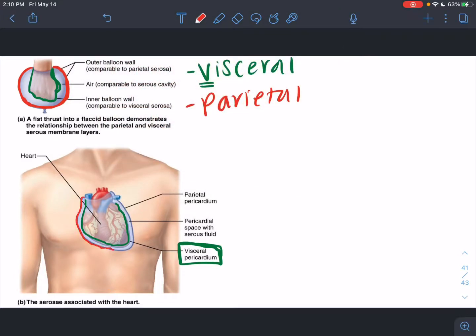So this would be lining your pericardial cavity where your heart's found. That is called your parietal pericardium because it's further away. Okay? And again, remember in the middle, there's a fluid. That's going to have your serous fluid in the middle of those two membranes.